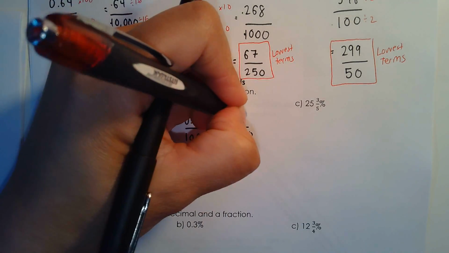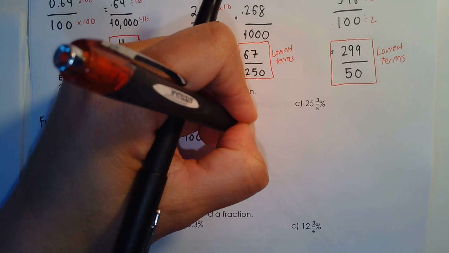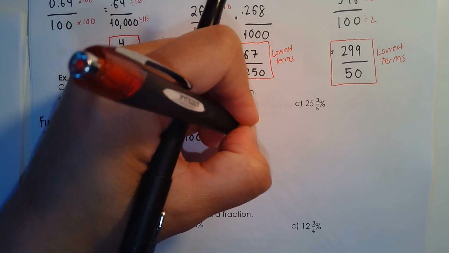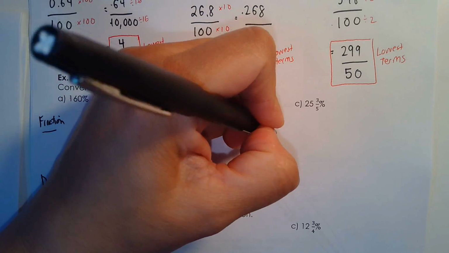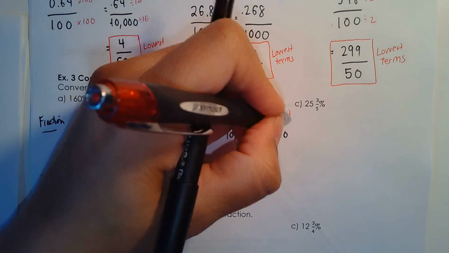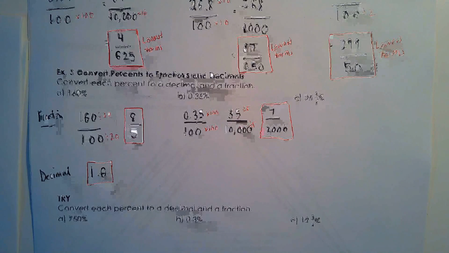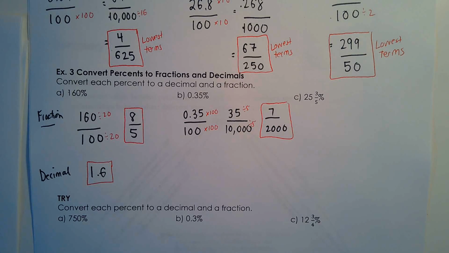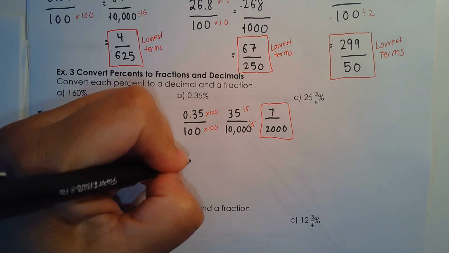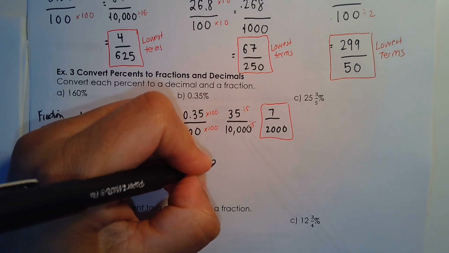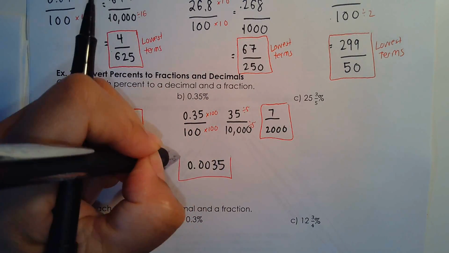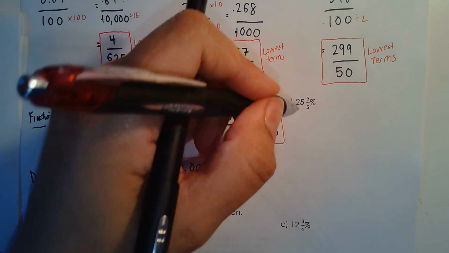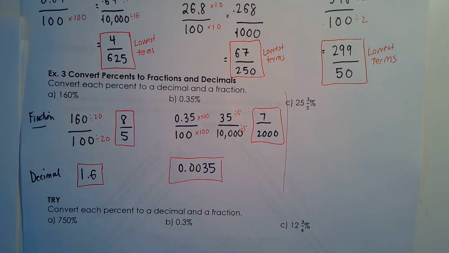Looks like I can divide them both by 5 so that we have 7 over 2,000. Okay, and then turning it into a decimal, just use your calculator. 0.0035.